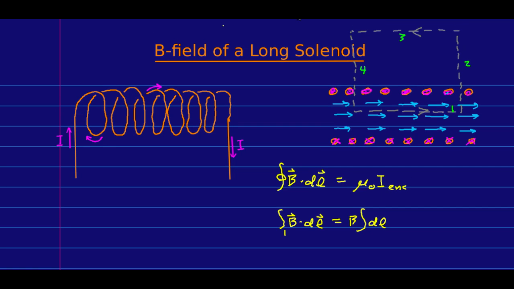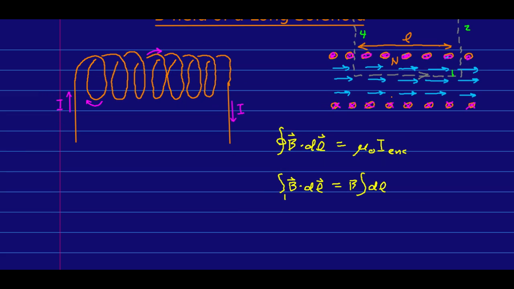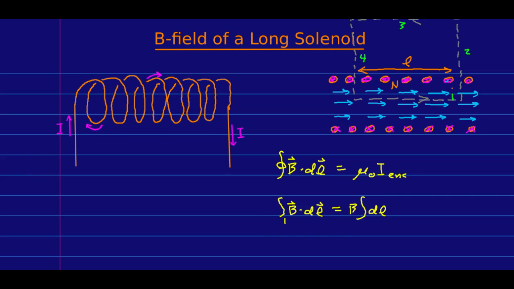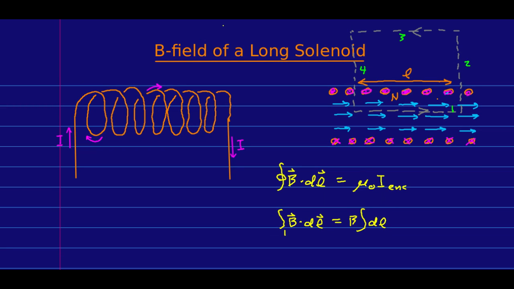So I'm now going to define some distances. I'm going to say that this length here is L, the current is I, and I have enclosed N bits of wire here. And so that means my total encircled current is just I times N wires, and so it's NI.